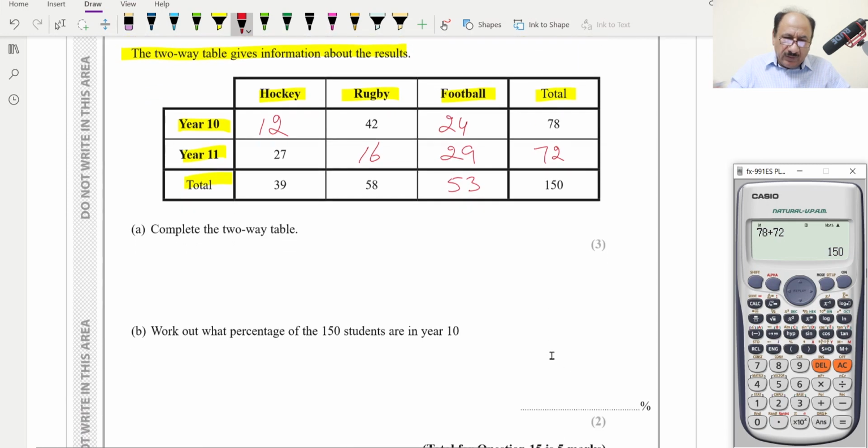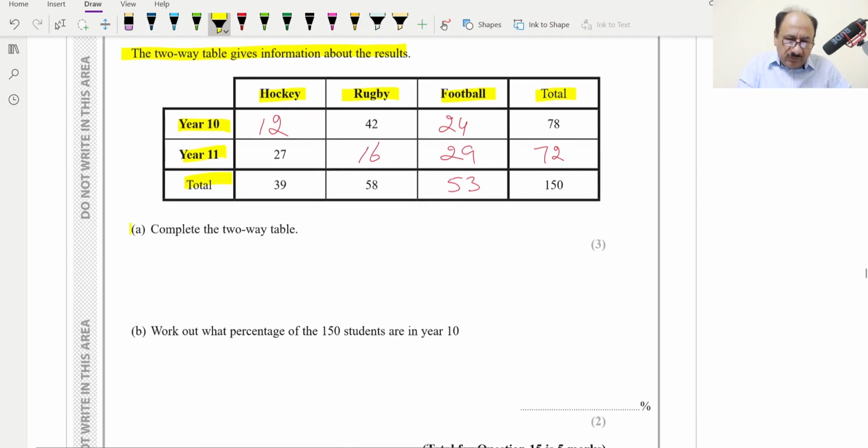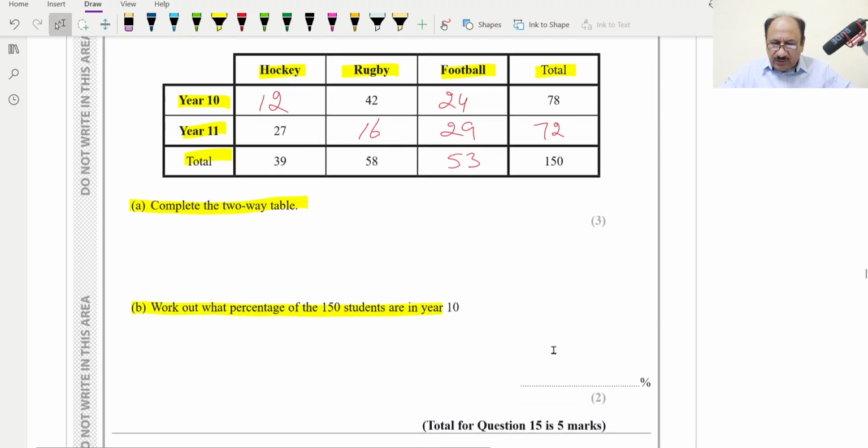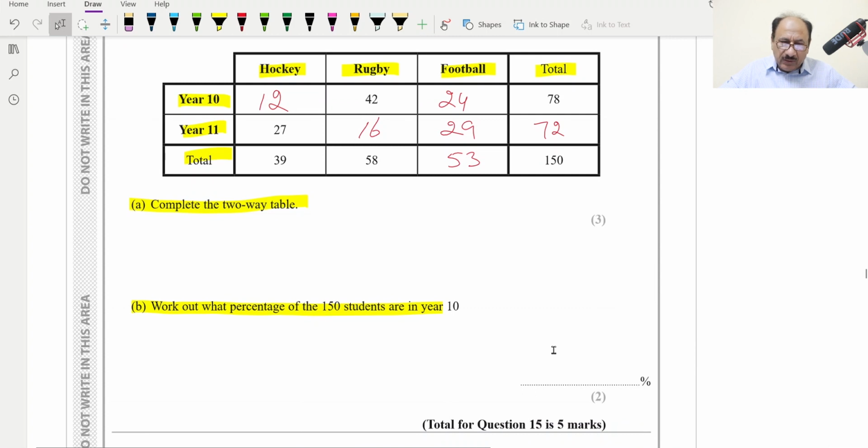This was a 3 marks question which we are done with. Now B part, work out what percentage of the 150 students are in year 10. So year 10 are 78 students. So 78 out of 150.